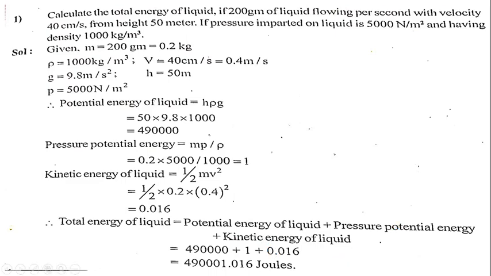Putting the values, total energy of liquid is equal to 4,90,000 plus 1 plus 0.016. So total energy of liquid is equal to 4,90,001.016 joules. That is the total energy of liquid.